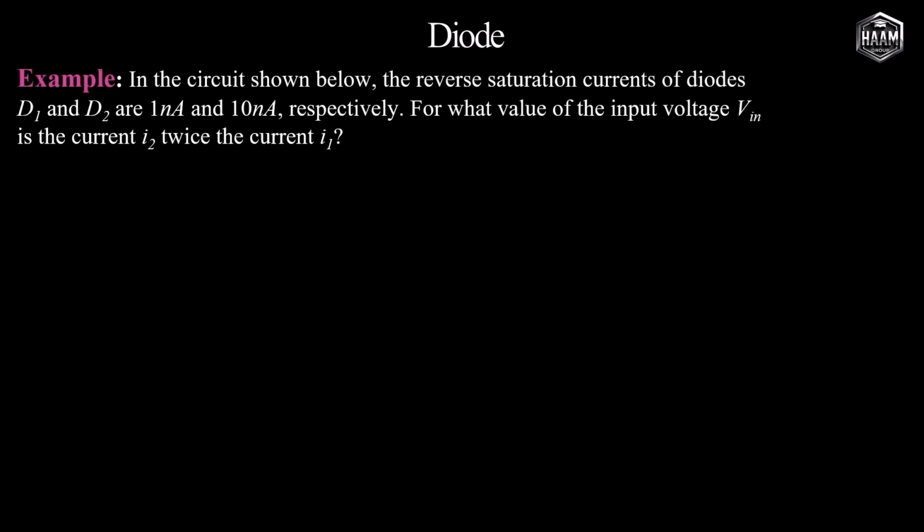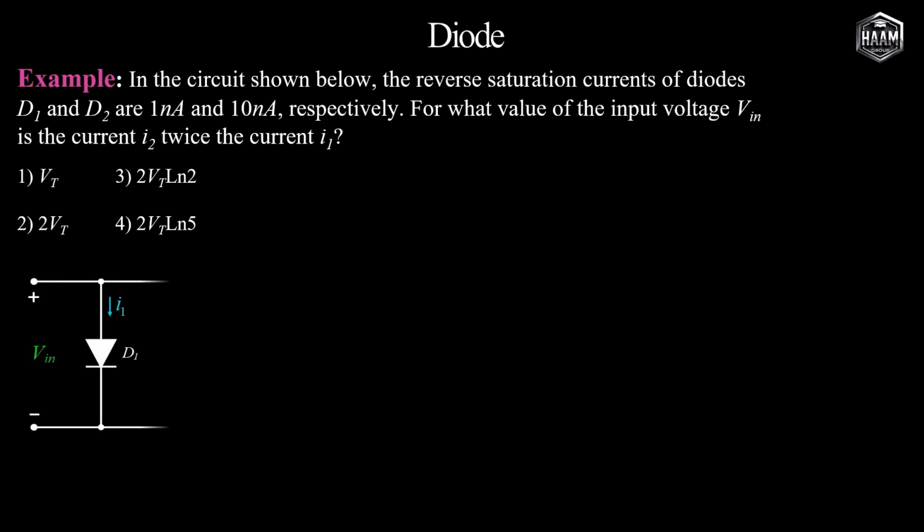Okay, let us now consider an example. In the circuit shown below, the reverse saturation currents of diodes D1 and D2 are given as 1 nanoampere and 10 nanoamperes respectively. For what value of the input voltage V will the current I2 become twice the current I1?